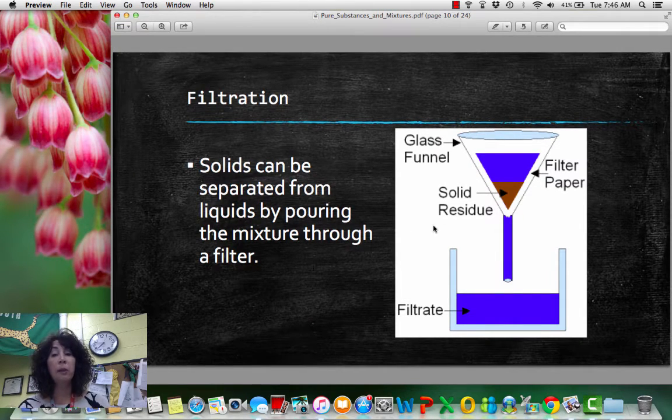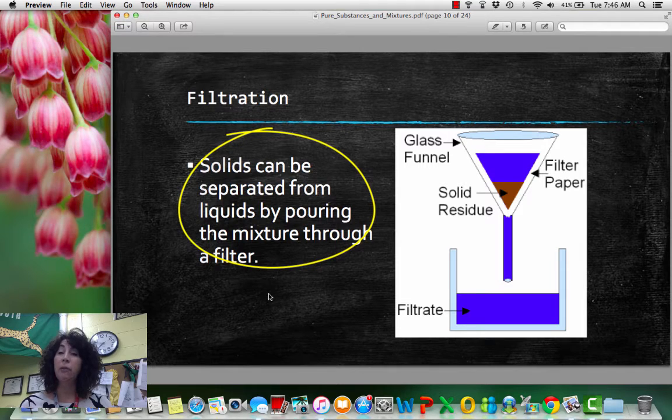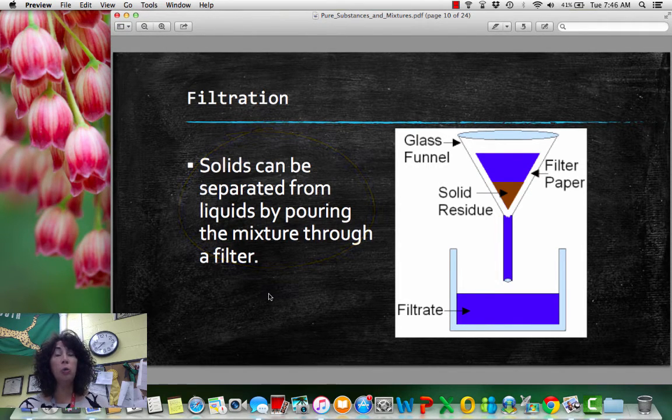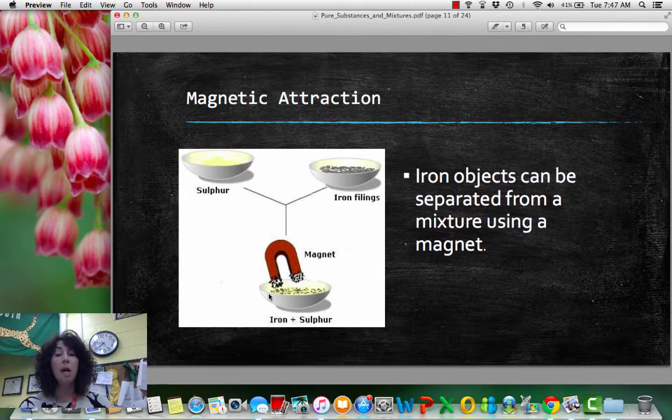So, something like a filtration, where we can separate a solid by pouring the mixture through a filter. And if you recall, we did that in one of our labs when we did our glue. We separated out the curds in the whey, or I'm sorry, our plastic, when we separated out our curds from our whey. If something has a magnetic property, we can separate out that magnetic object.